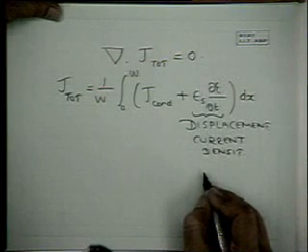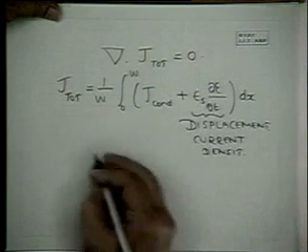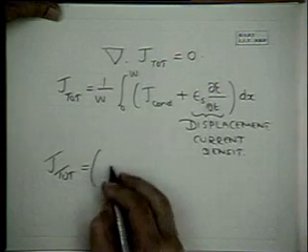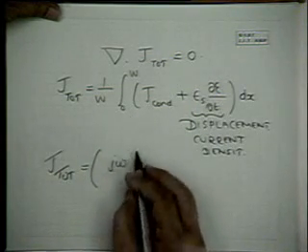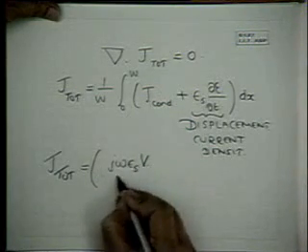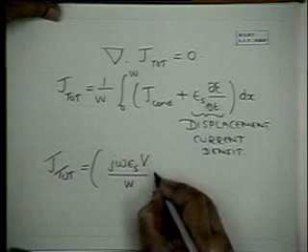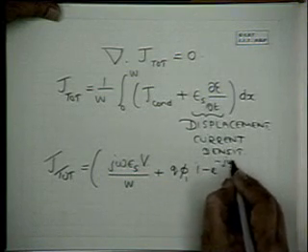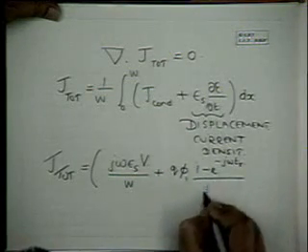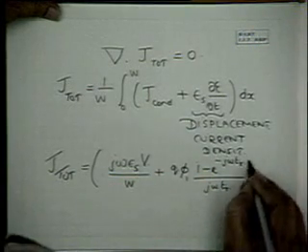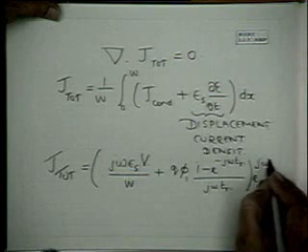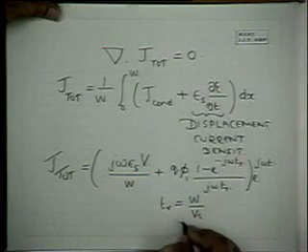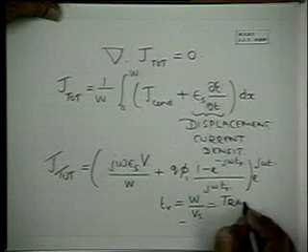Substituting, we find that it is V, the applied voltage, plus Q phi 1 minus j omega tr, where tr is the transit time, into e to the power j omega t, where tr is nothing but W by Vs. That is the transit time of carriers.